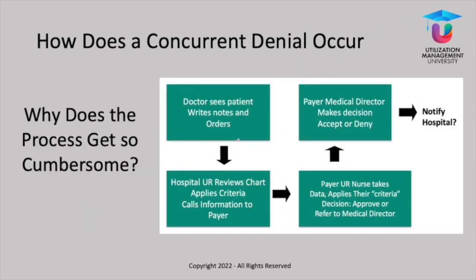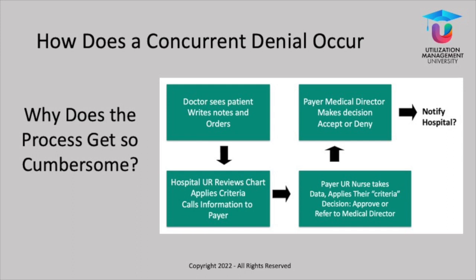So let's go over the process of how does a concurrent denial occur, and why does the process get so cumbersome? Well, initially, a doctor sees a patient, writes notes, and orders. Then, the hospital utilization review team reviews the chart, applies criteria, and calls the information into the payer.